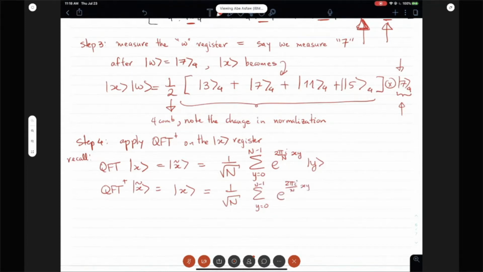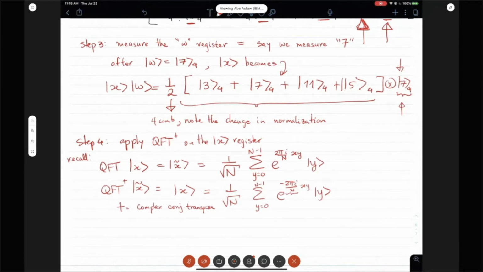The main difference is, remember, dagger means complex conjugate transpose. It's going to turn this into a complex conjugate, and I hope you're not surprised. What that means is putting a minus up there. So turning i into minus i is all that does.